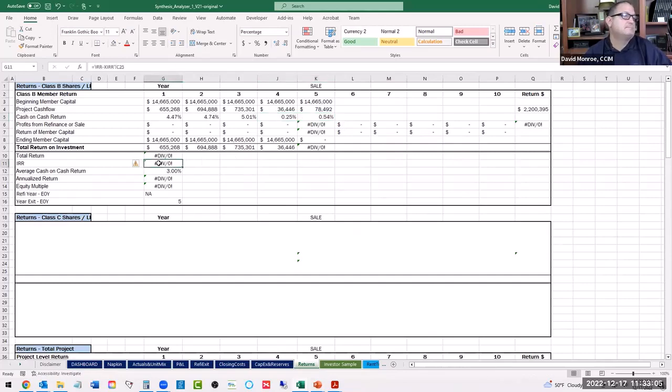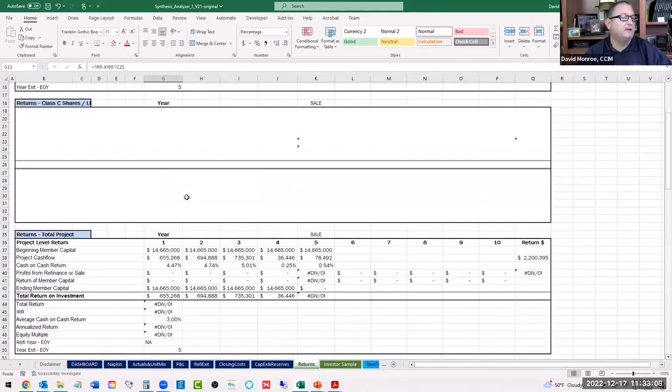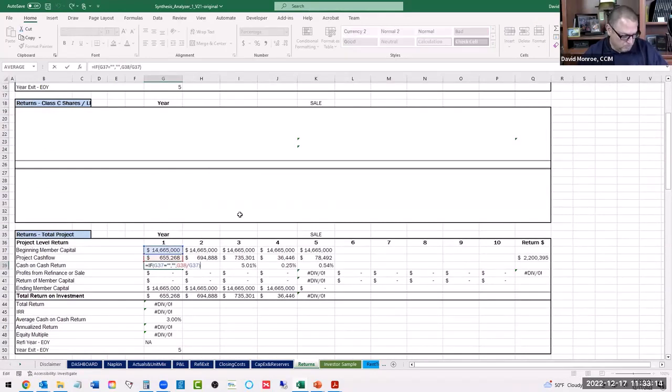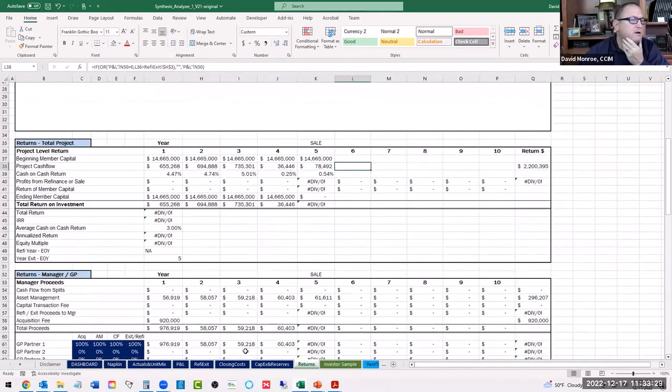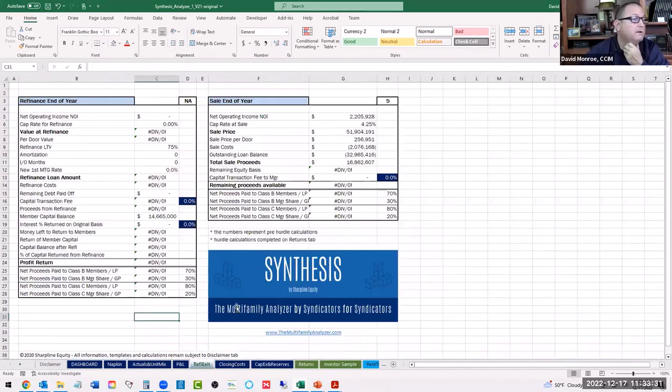I mean, it's such a bad deal you can't even get an internal rate of return. It doesn't even give you one. So cash on cash goes down. Whoa. Cash on cash goes down because you amortized, basically, which means you don't have any way to get an internal rate of return. So what is our refi exit?